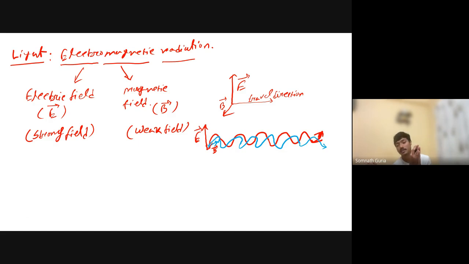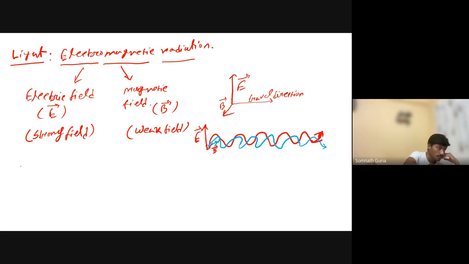The polarizability contains the dipole moment, and this dipole moment is responsible for the interaction between the electric field and the molecular dipole moment.